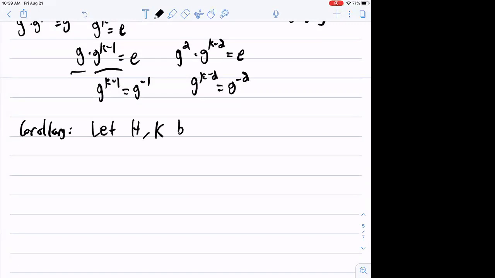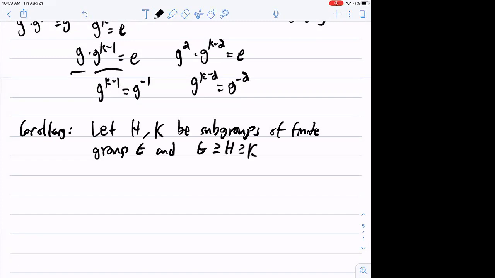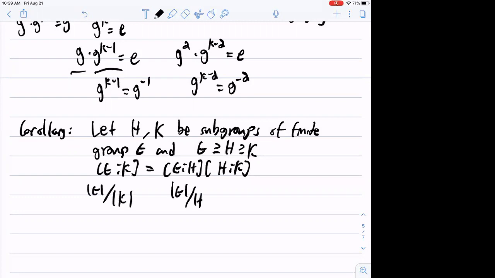Let H and K be subgroups of a finite group G, with G contained in H contained in K. Then the index of G in K is just the index of G in H times the index of H in K. To convince yourself, look at the orders: at least the orders match, because the size of H cancels.